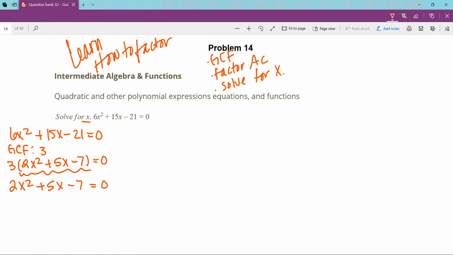So right here we're going to do the AC method. So we're using the coefficients in the trinomial. So A equals 2, B equals 5, and C equals negative 7.